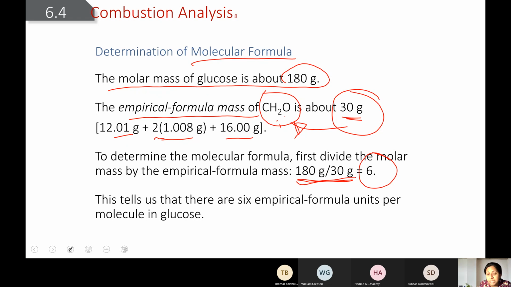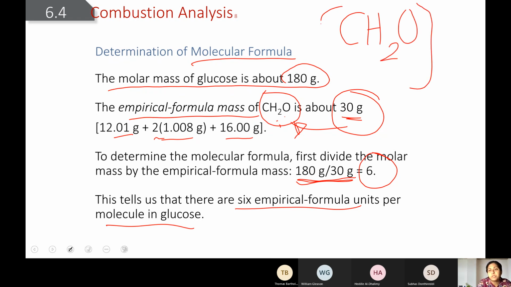So what does that mean? It tells us there are 6 empirical formula units per 1 molecule of glucose. So if I need to get the molecular formula, I should multiply the empirical formula by 6.